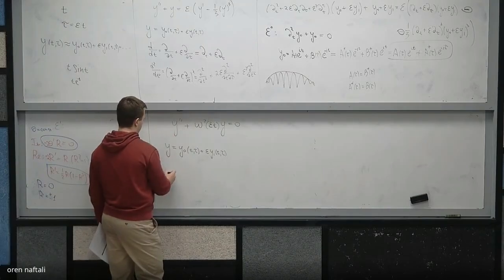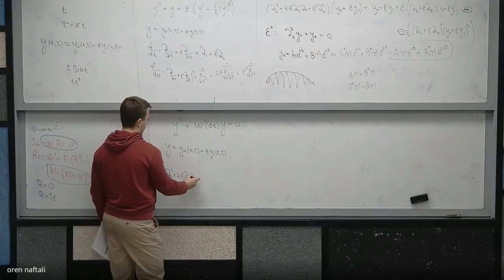So d squared over dt squared plus 2 epsilon d over dt d over d tau.